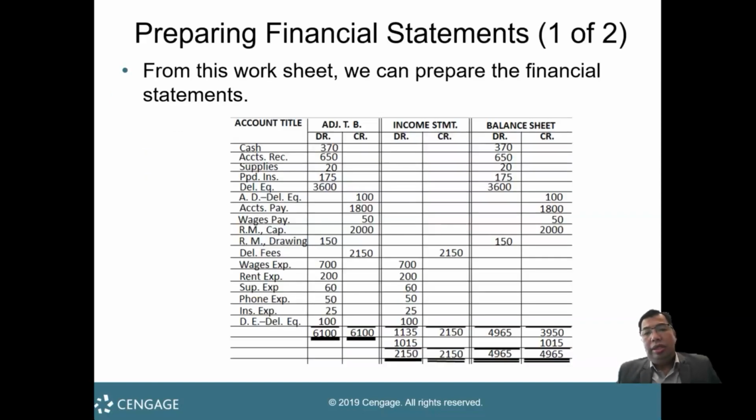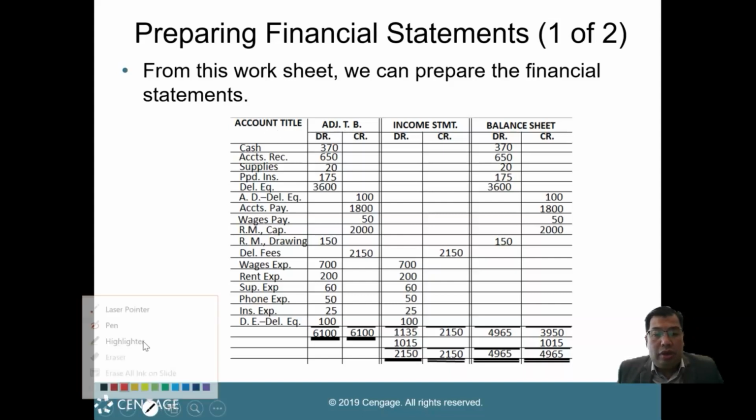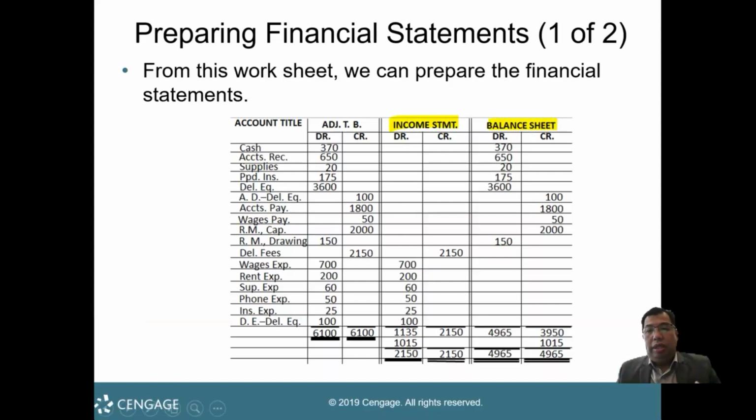This is an example of your financial statements based on the worksheet format. We prepared the worksheet. This is your adjusted trial balance, and next to it is your income statement and also the balance sheet. This is what we have done last week.